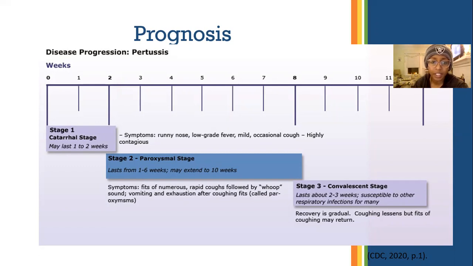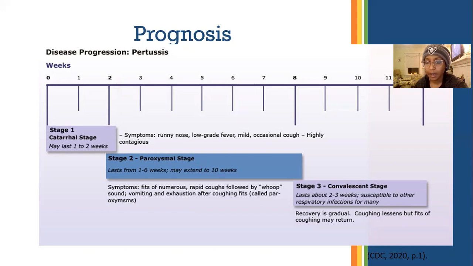The second stage is the paroxysmal stage, lasting 1 to 6 weeks, but as long as 10 weeks. This is where the whooping cough comes into play, becoming very tired and coughing so much that you may vomit, which obviously would be uncomfortable. Between the coughing and the vomiting, it exhausts the patient, and it makes it very hard to sleep at night.